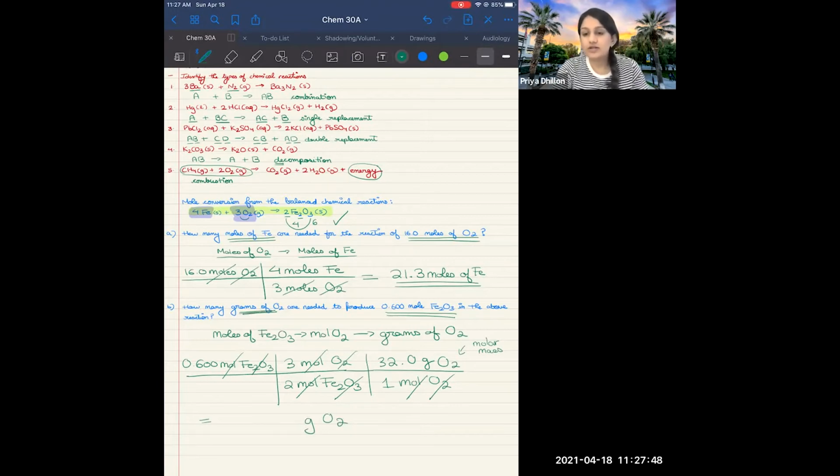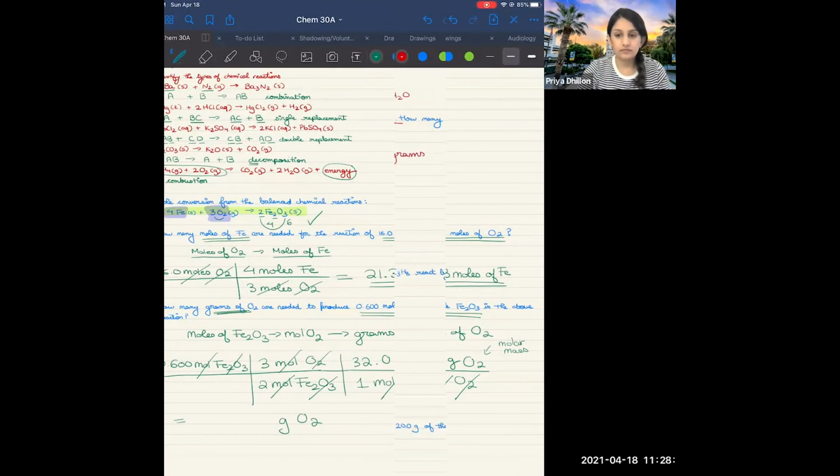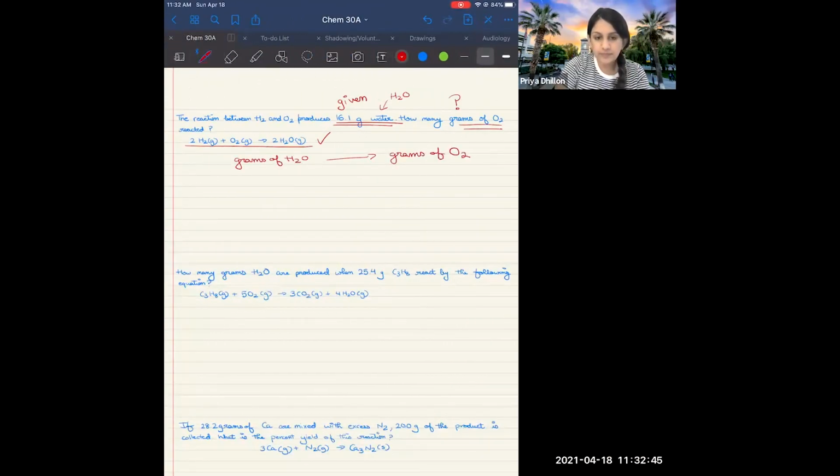Did anybody find the answer? Of O2, and then you're going to have to incorporate the balanced equation with it. So try to think about it, try to write the steps, and then we'll go over it.